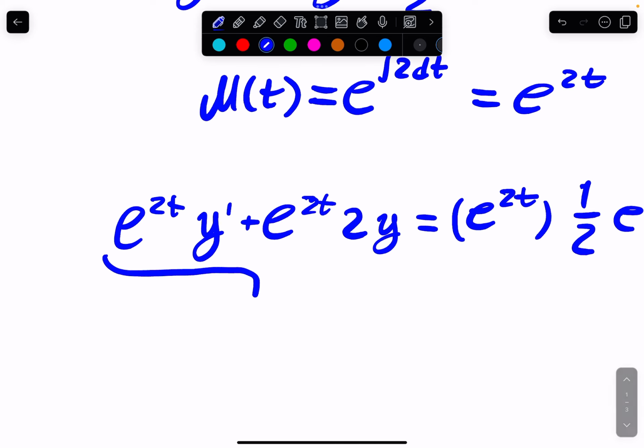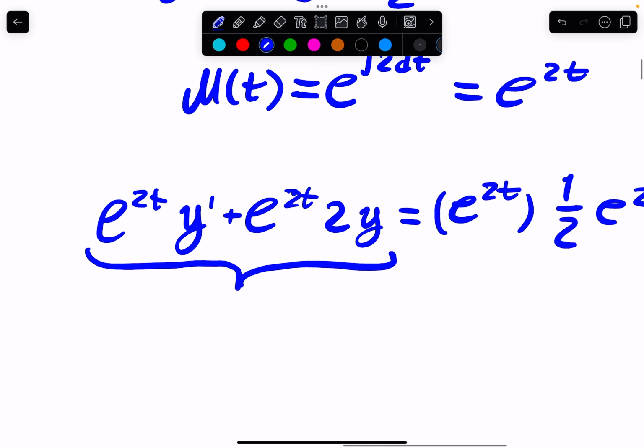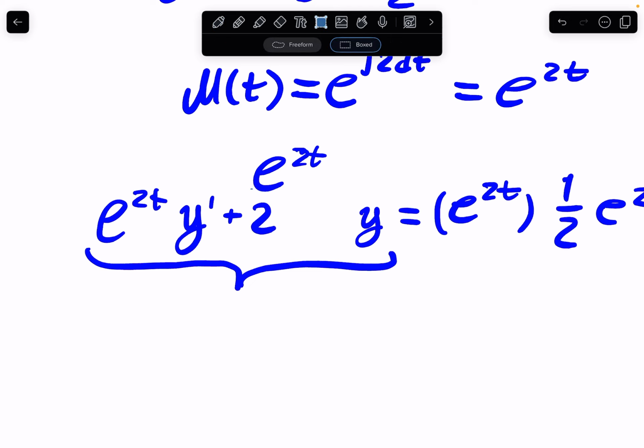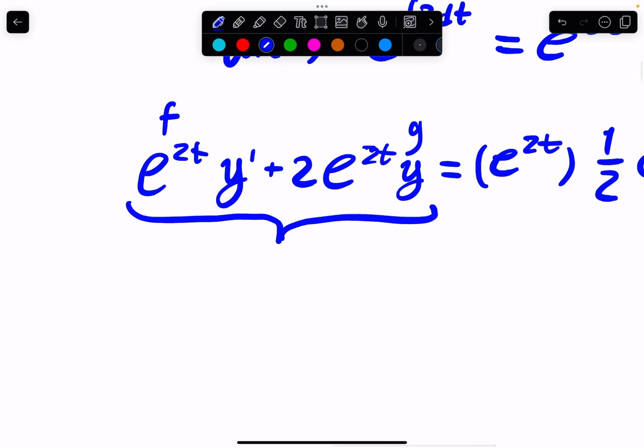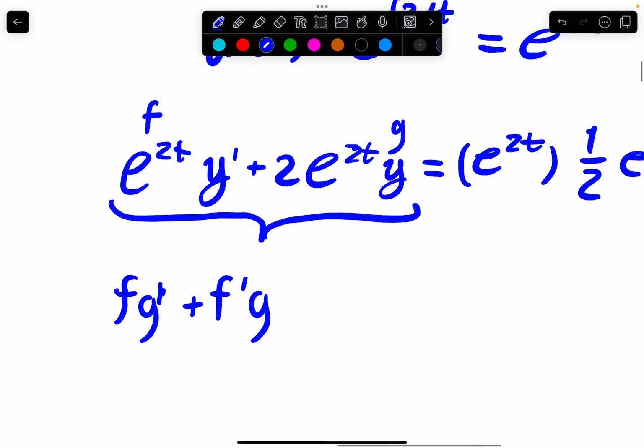Take a look at this left-hand side here. Does it look familiar? If we move this over, we can see that we have a function f and a function g. So we have f times g prime plus f prime times g. Look familiar? That's the product rule.